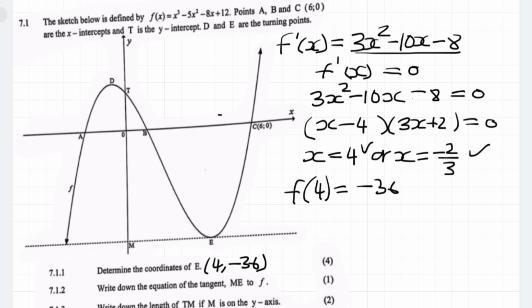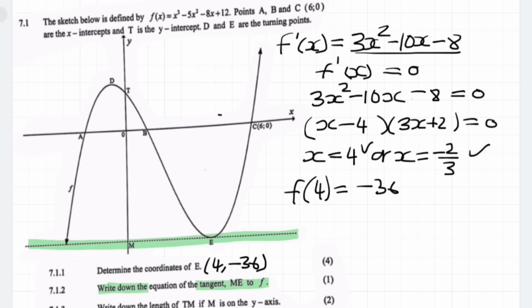Perfect. So then the next question, they say "write." Once they say write, it means that it is very easy. The equation of the tangent at E to f. So they wanted the equation of this one. Since we know the point E is (4, negative 36), this is actually a horizontal line.